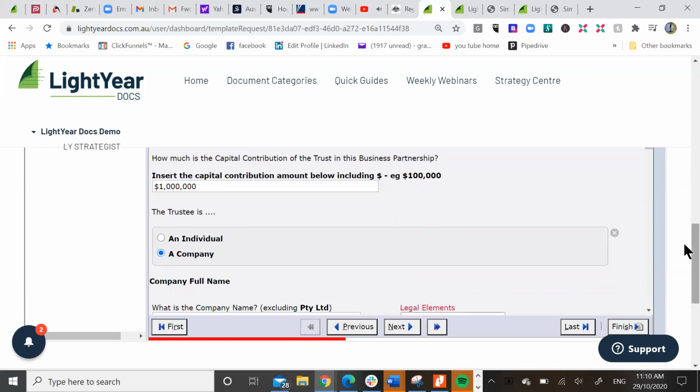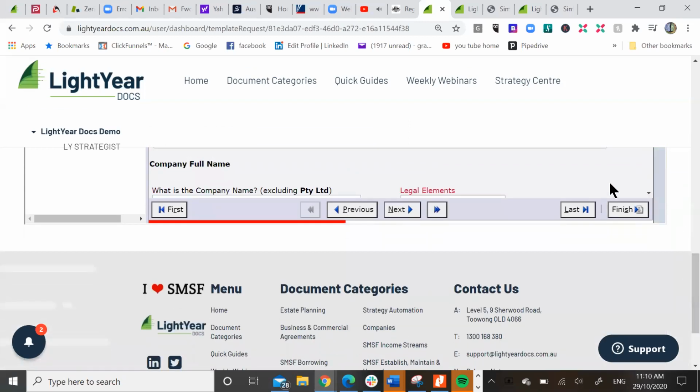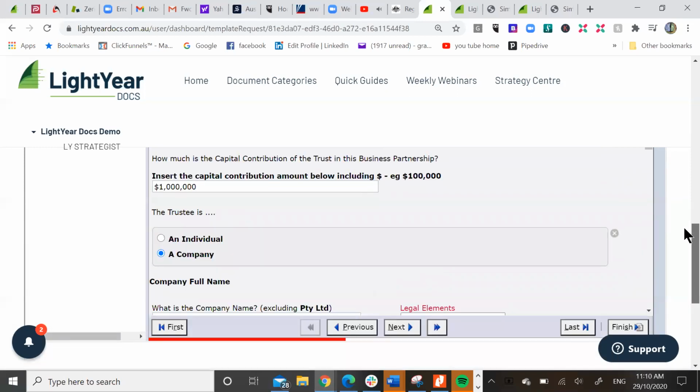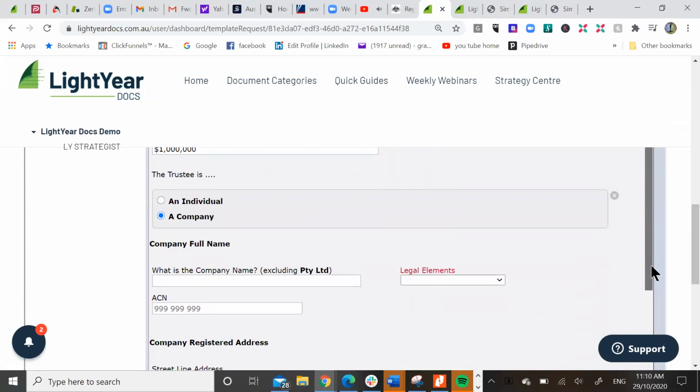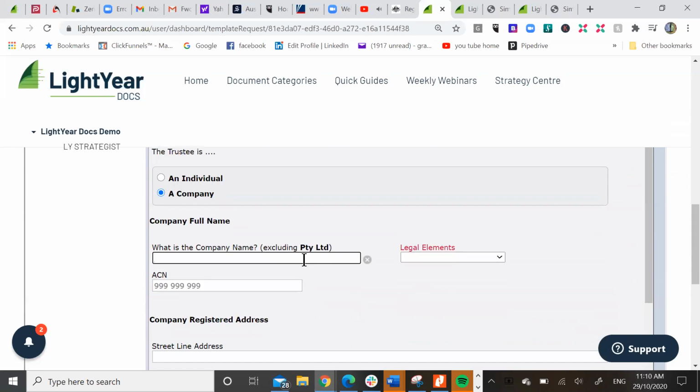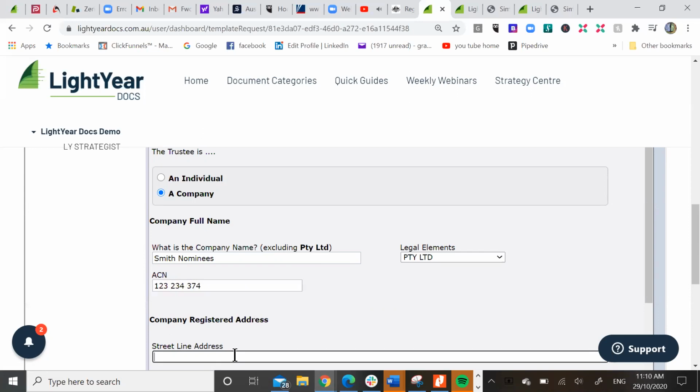So we've got the trustee being a company. We'll scroll down there. It's a long scroll down. So this is the name of the Pty Limited. Put in the ACN and a registered address.